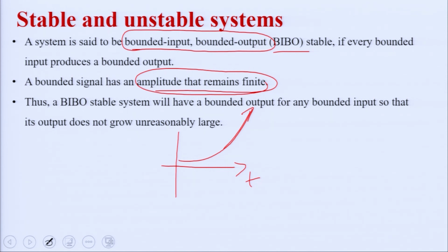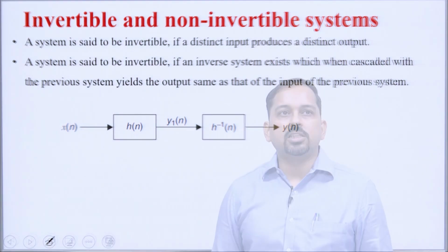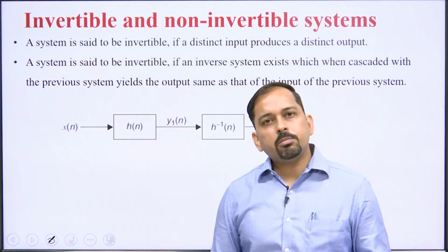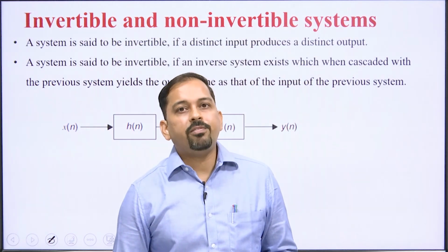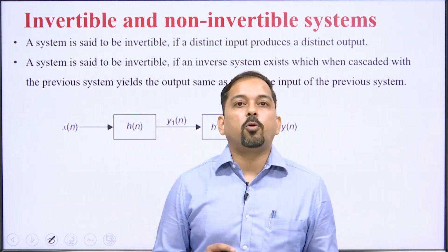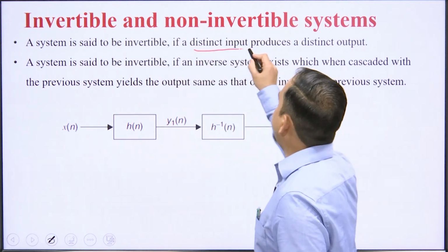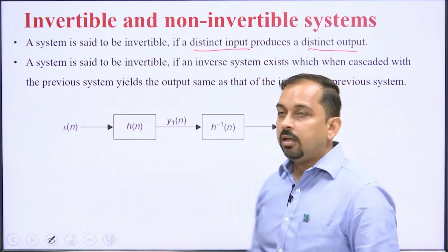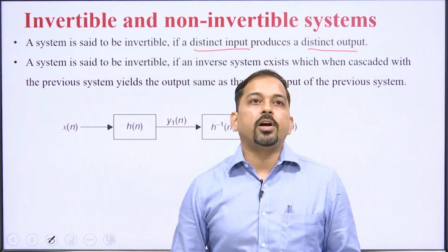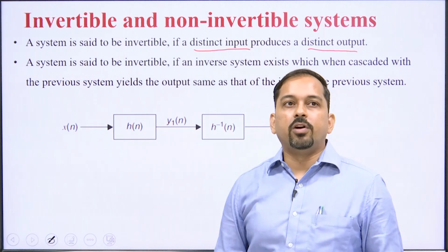Now, we are going to utilize this for the LTI. Lastly, we have the invertible and non-invertible system. This is the last classification of systems. A system is said to be invertible if different inputs correspond to different outputs, meaning if we provide distinct inputs and the outputs are also distinct, then we are getting an invertible system. Otherwise, the system is said to be non-invertible.